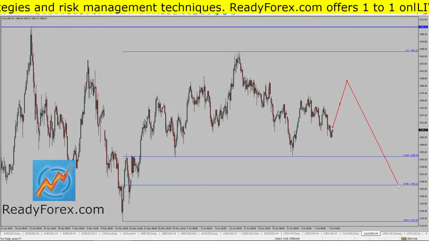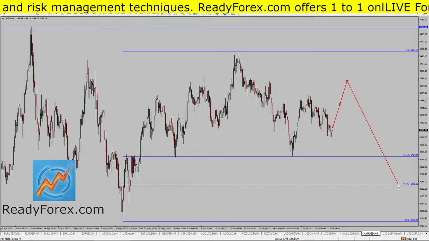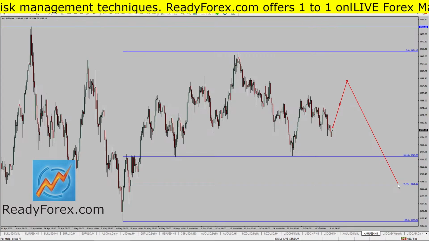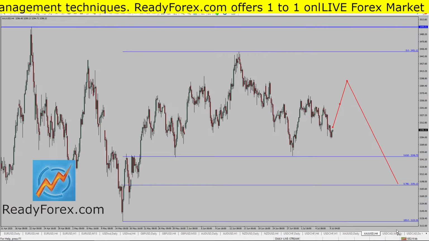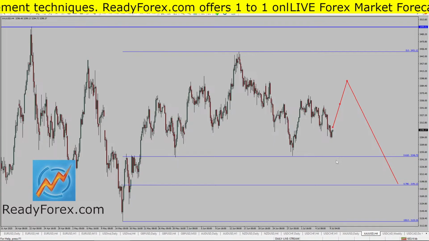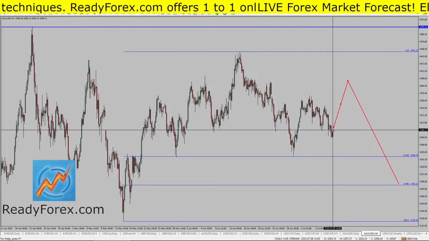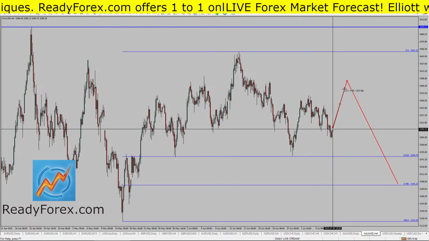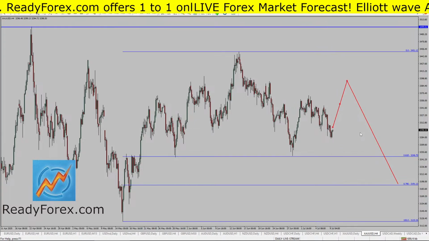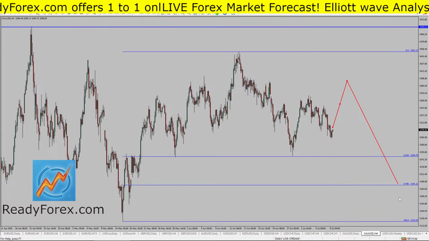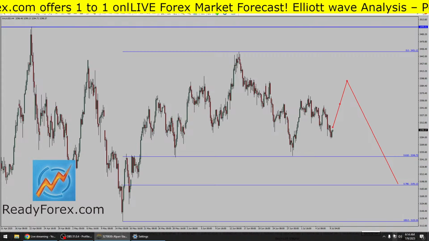Do not just jump into the market just because gold is falling down. You also look for bearish pattern in spot silver as well. Regarding the spot gold, I do expect a bullish leg first, and then market is probably going to drop after that. So I hope this one is clear.